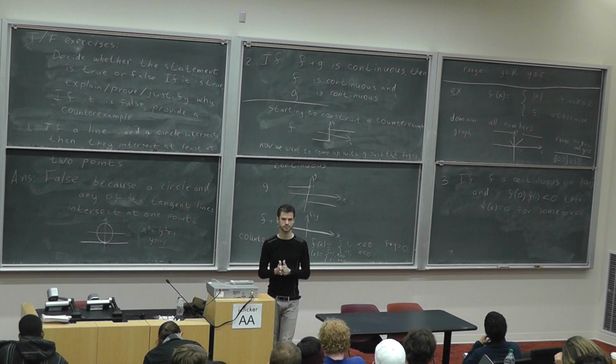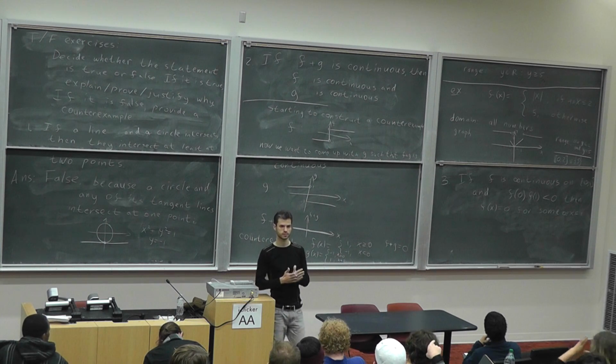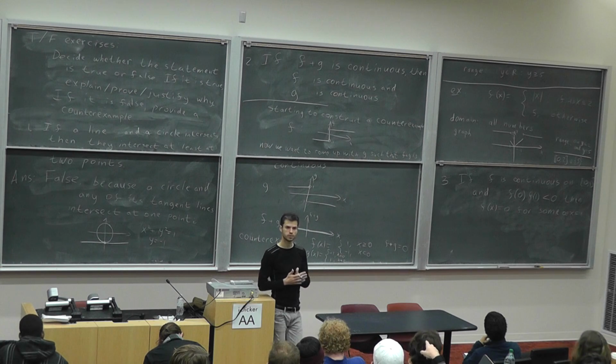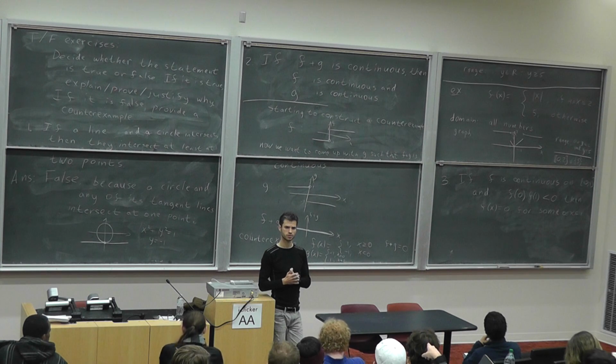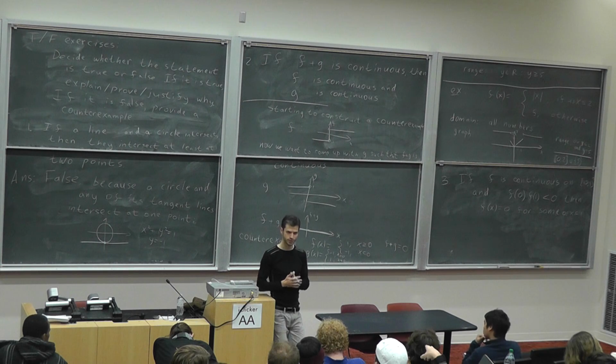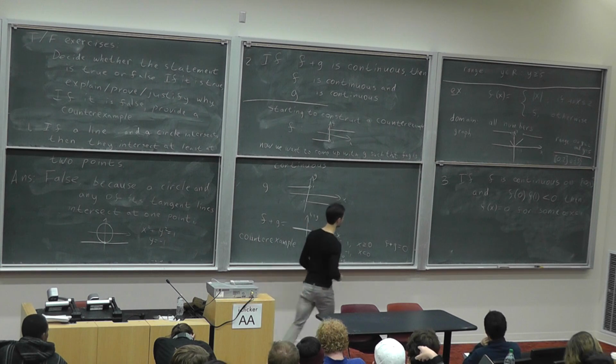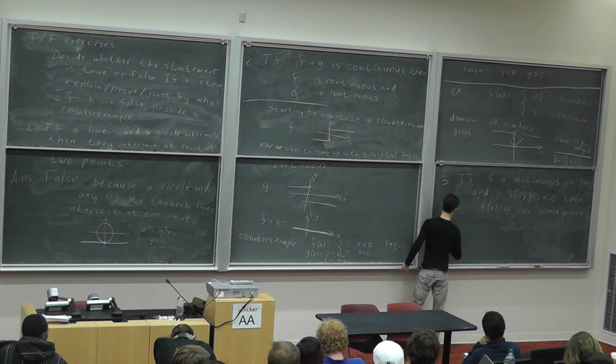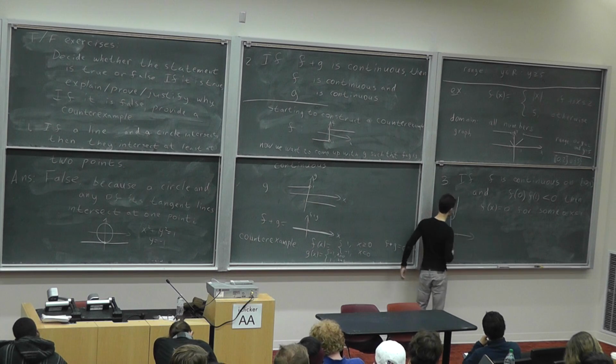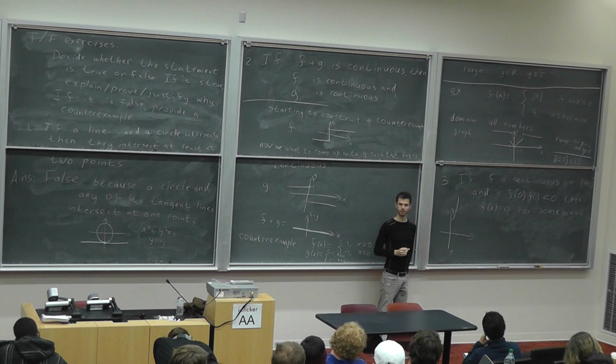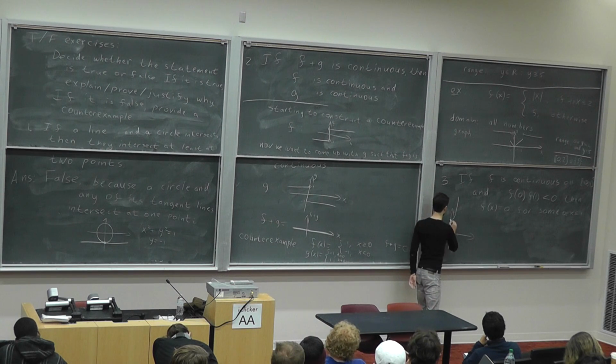Because f is continuous on [0, 1]. There are many continuous functions from 0 to 1. Such a function is also continuous.